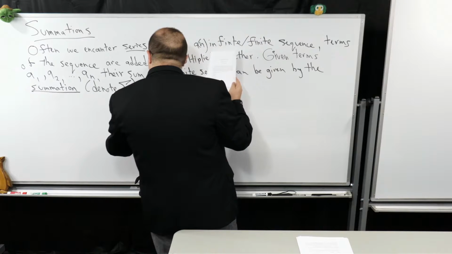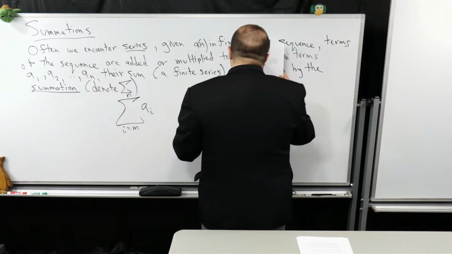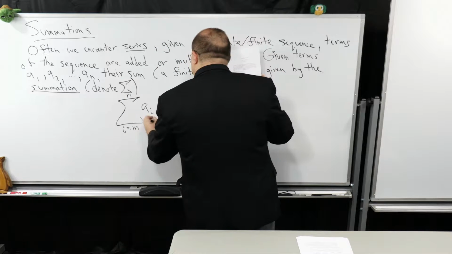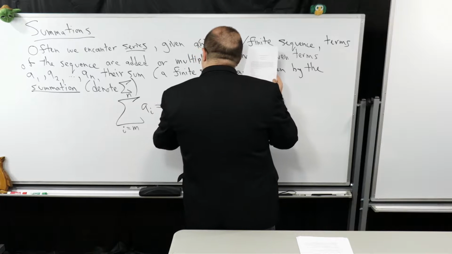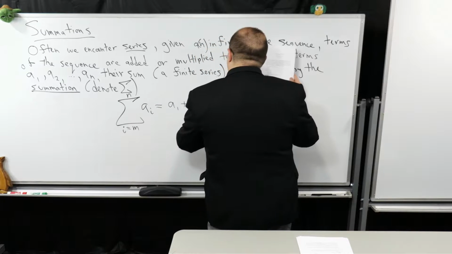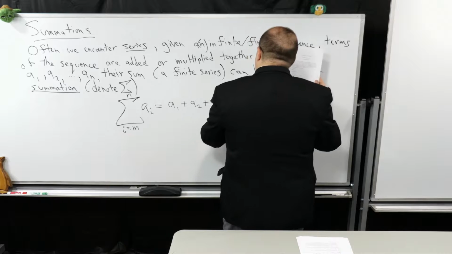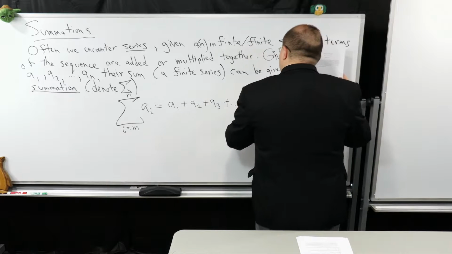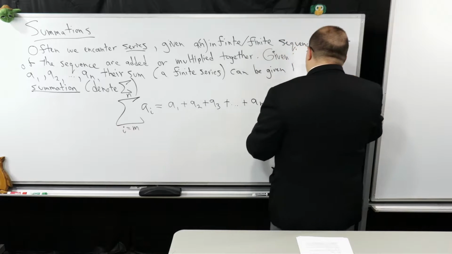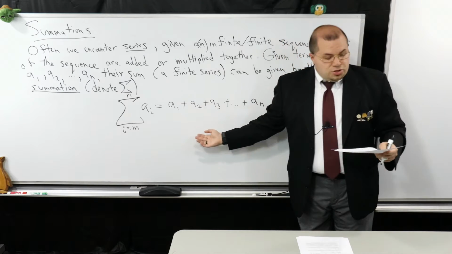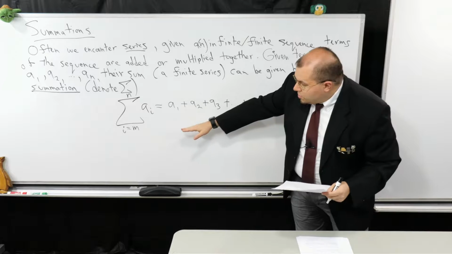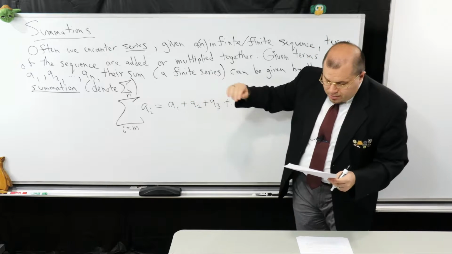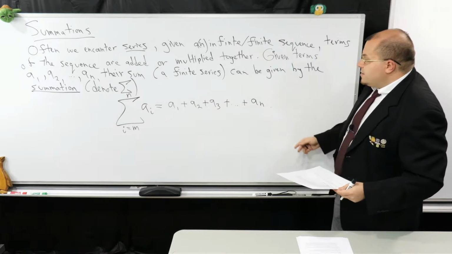And I'm going to denote this with a sub i. You can look at i like an index. And this is going to represent a sub 1 plus a sub 2 plus a sub 3 plus all the way up to summing over all of these to a sub n. So when you look at this, you should read it as the summation from i equals m to n of a sub i.